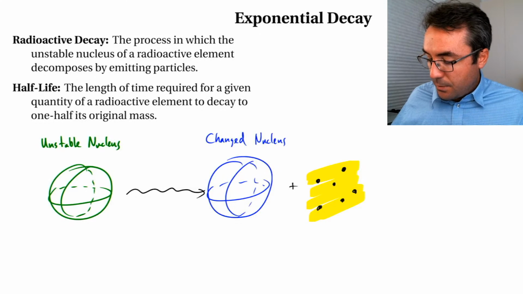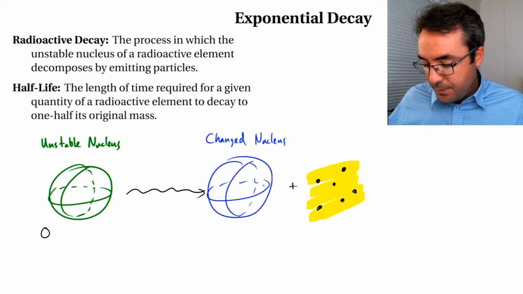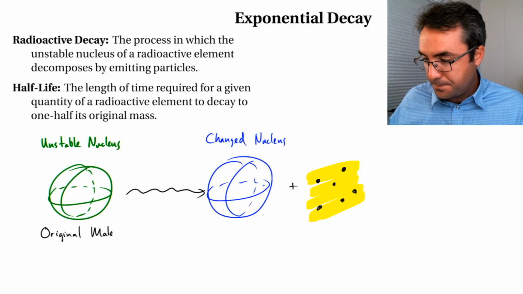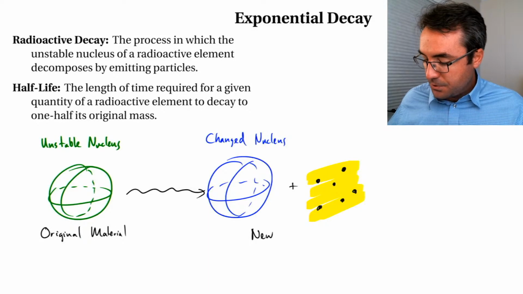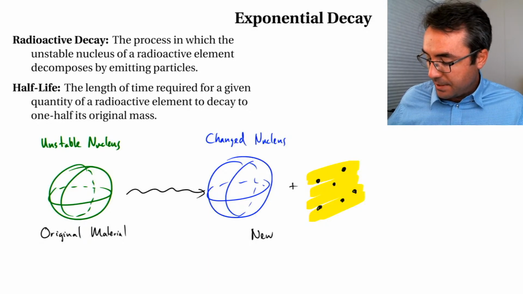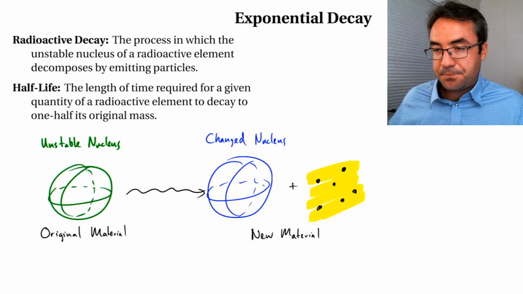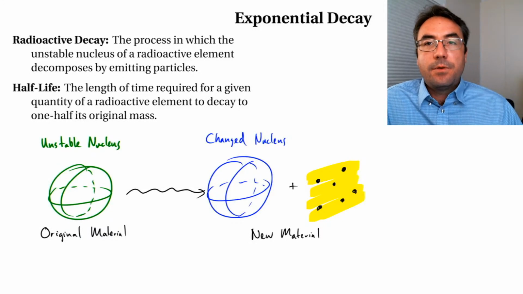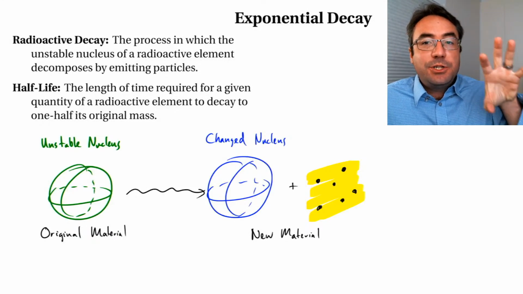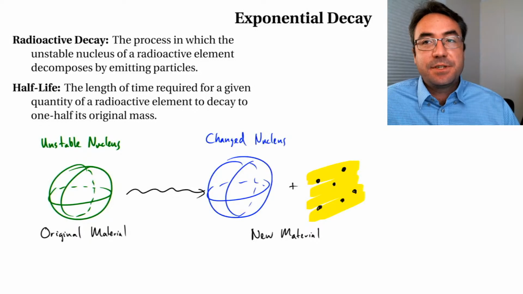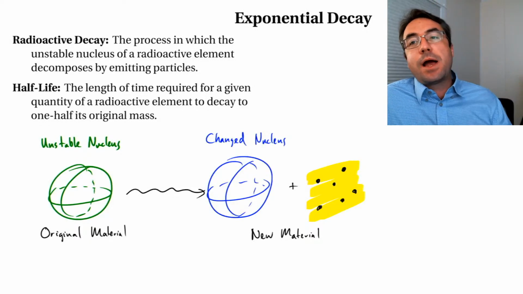So what we're looking at here is we have some original material, and then once it goes through that process of radioactive decay, it produces some new material. What we're going to be considering is the question of how much of that original material is left as it undergoes this process.